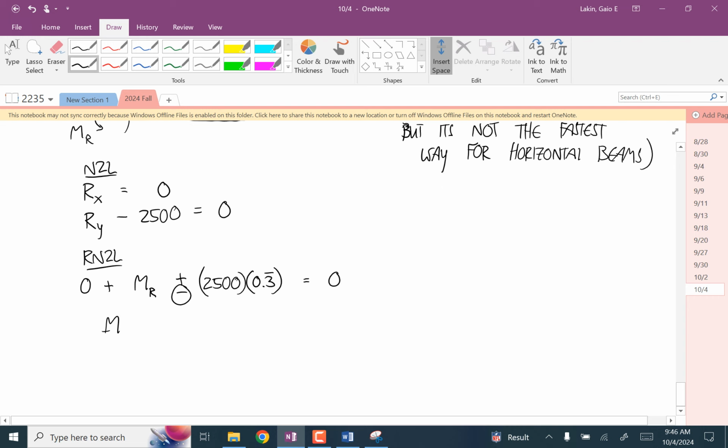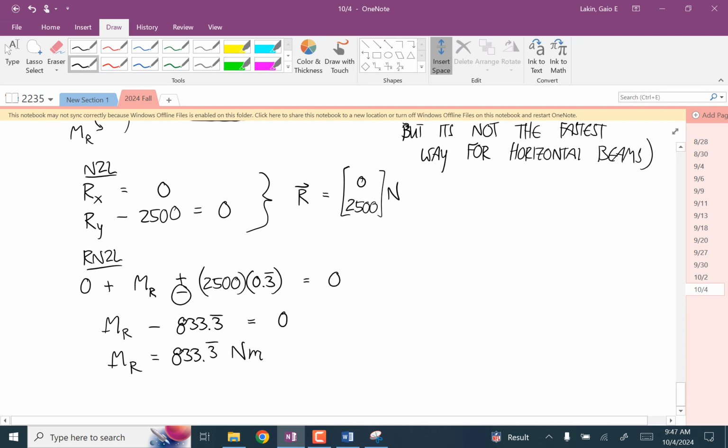And so we get MR minus, I guess that would be 833.3 repeating, is equal to 0. And so this force R is 0, 2,500. And this couple is 833.3 repeating newton meters.